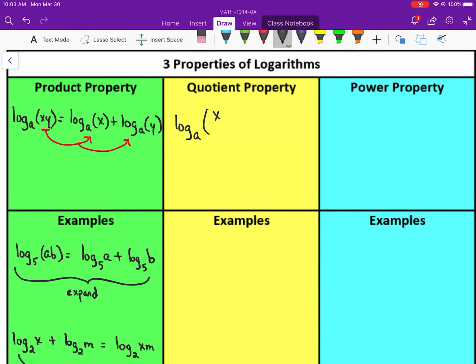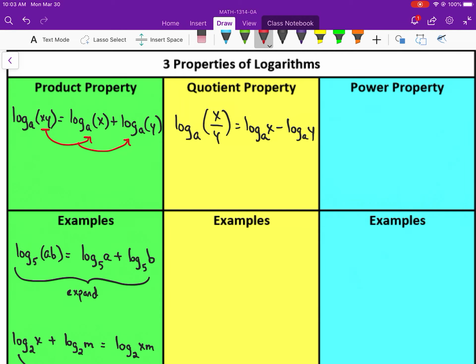This is the quotient property. So if I see division this time, like for example, log base a of x divided by y, if I see division, that means to subtract my logs. So log base a of x minus log base a of y.